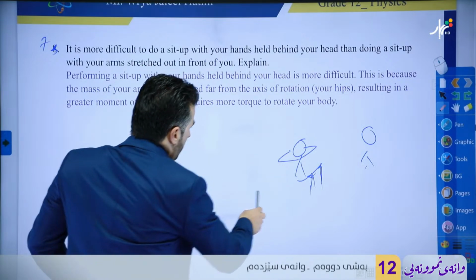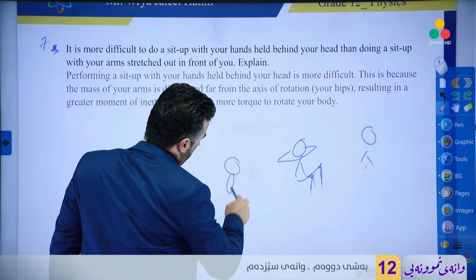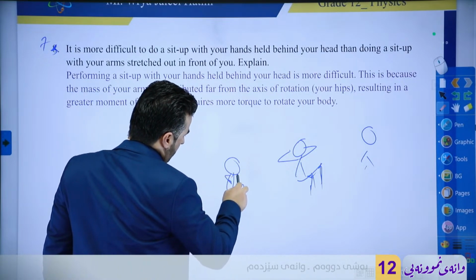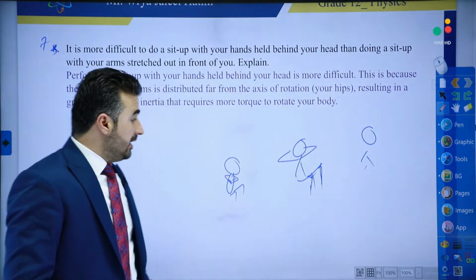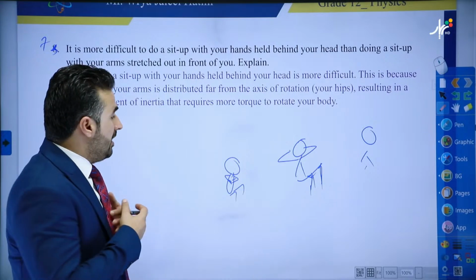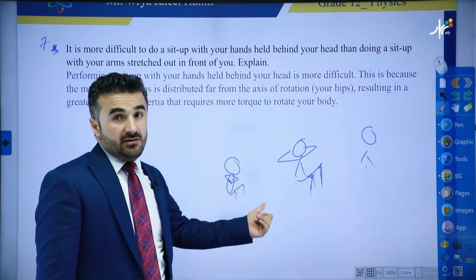But let's see if we can do the same thing again. This is you again, but this time your arms are here. It would be easier if you do this, it's a better picture. So if your arms are over, let's say, your chest or close to the center of your body, it would be easier for you to do the sit-ups.